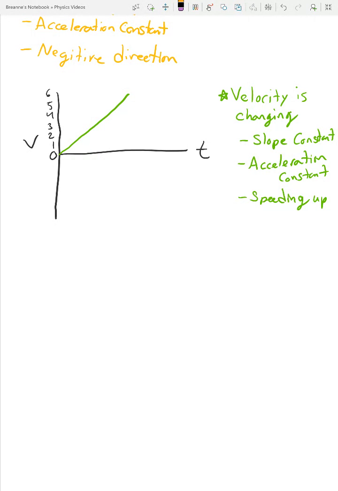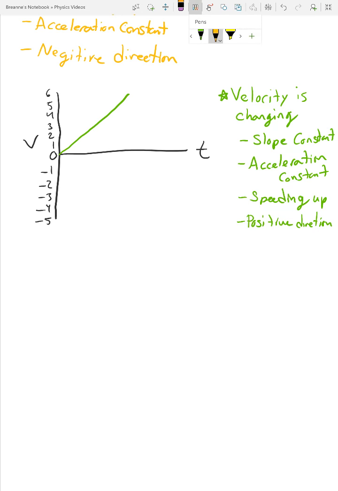So we're speeding up because our numbers are getting bigger, but we are in the positive quadrant because all the numbers down here are negative, -1, -2, -3, -4, -5. So we're speeding up in the positive direction.